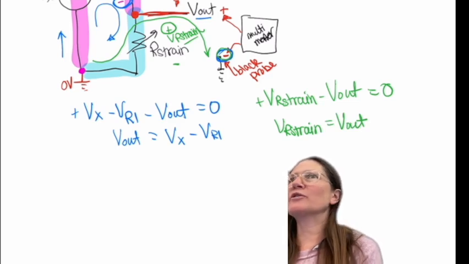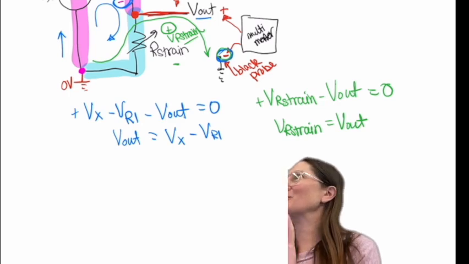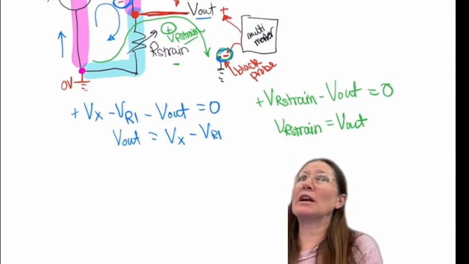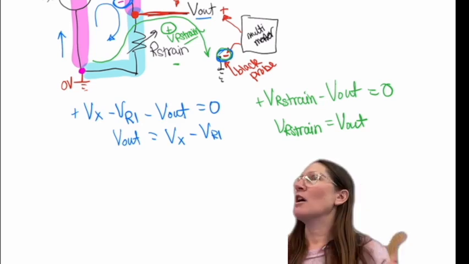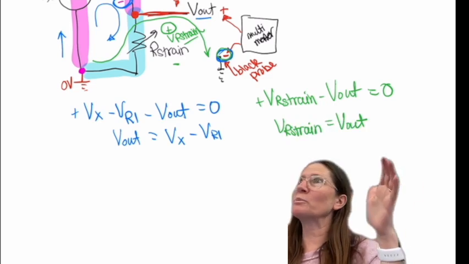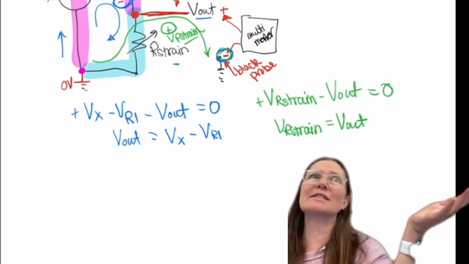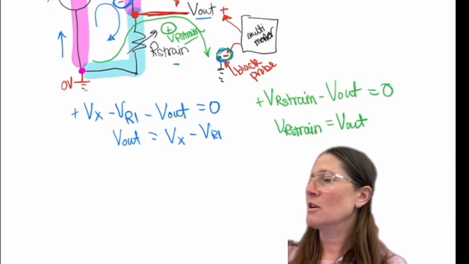Do you recognize what this circuit is? I heard somebody say it. Voltage divider. Correct. It is a voltage divider. So we can find VR strain right away. If I don't identify it as a voltage divider, I notice it only has one loop, so therefore I can find the current and then take the current times the resistance to give me the voltage across those elements that I need to find.